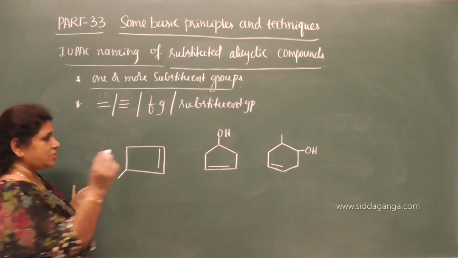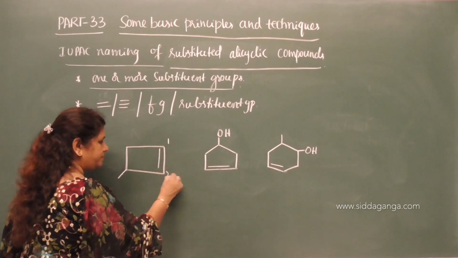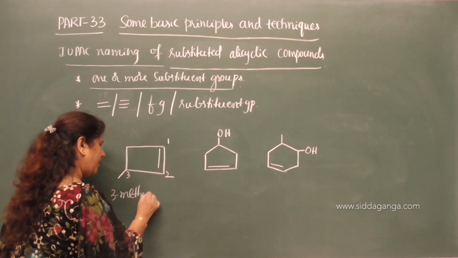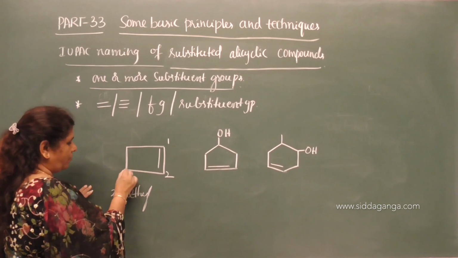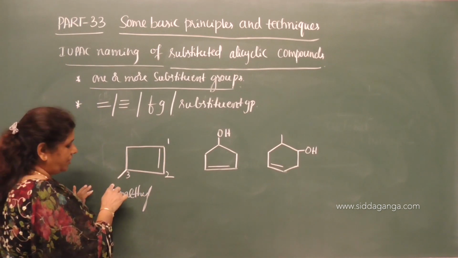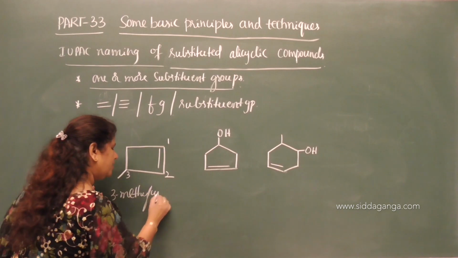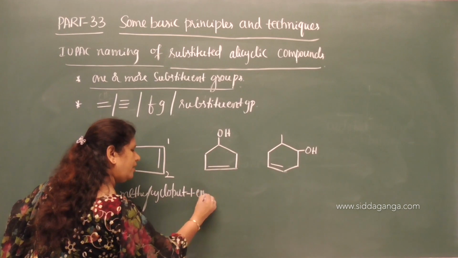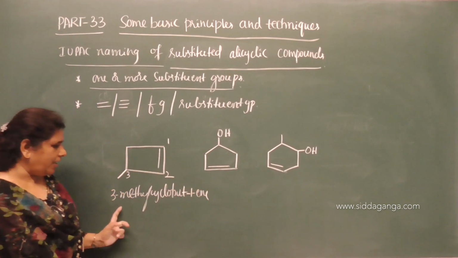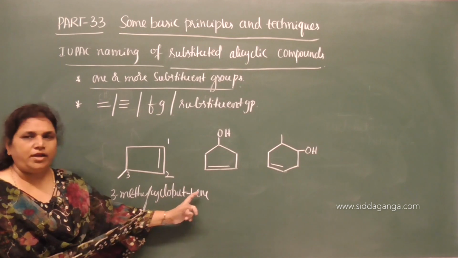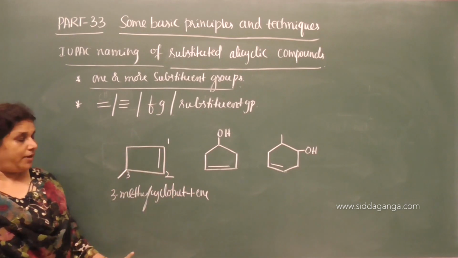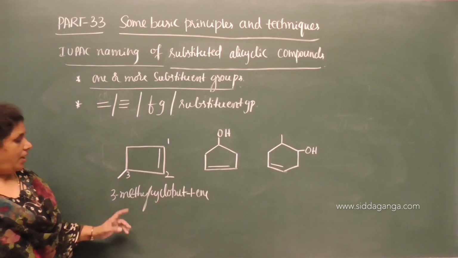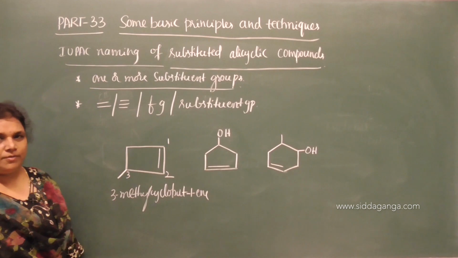By assigning the lowest possible number. Therefore, 1, 2, 3. Then what is the name? 3-methyl. On the third carbon atom we have methyl, that is CH3. 3-methylcyclobut-1-ene. But, because 4 carbon atoms are there. Cyclobut-1-ene is the IUPAC name and we have given the preference for the double bond here.